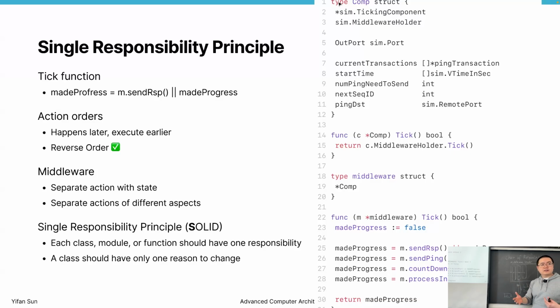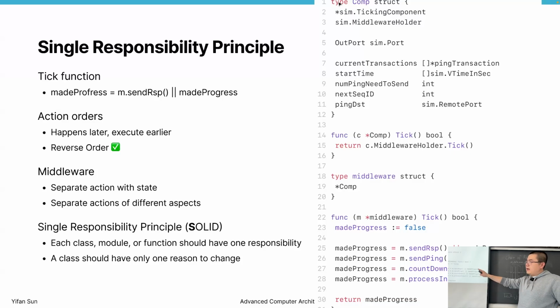Those are two different reasons we may need to modify this cache. Now, the policy is implemented here, and the timing is implemented in the cache middleware itself. So it's a separation of concerns.